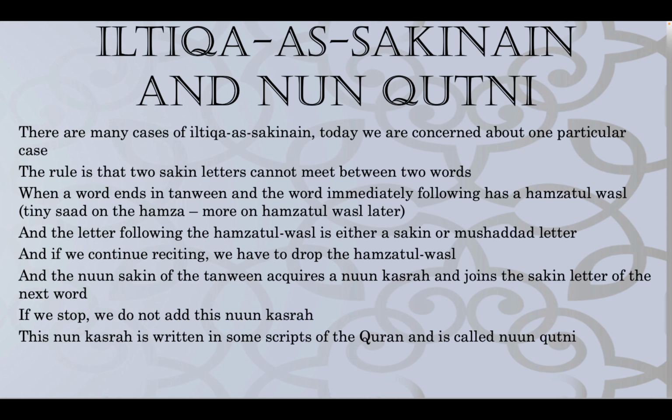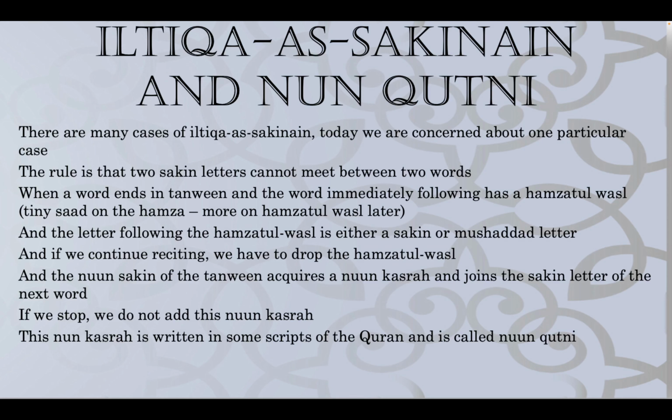If the first word ends in a sukoon and the second word begins with a sukoon, when you are continuing recitation, then they cannot meet. That's the rule. Basically, when words end in Tanween and the word immediately following has a hamzatul wasl, which is a tiny slot, we will talk about hamzatul wasl later, but I will explain to you what the hamzatul wasl, the diacritical mark, looks like today.